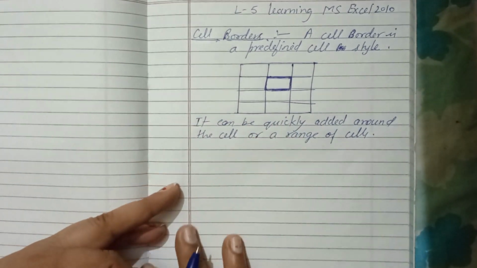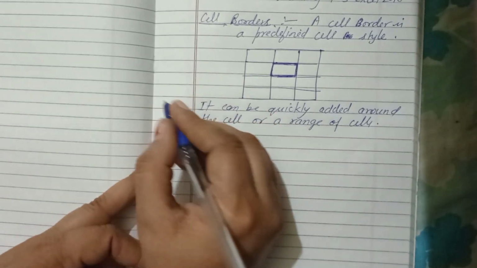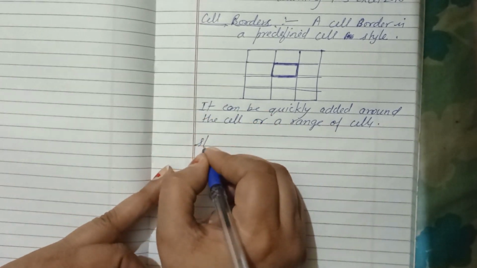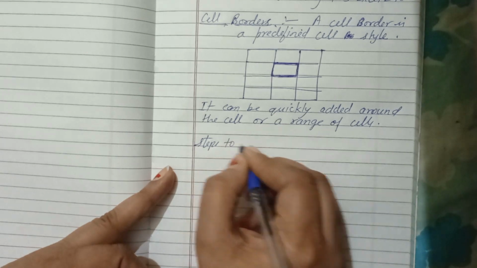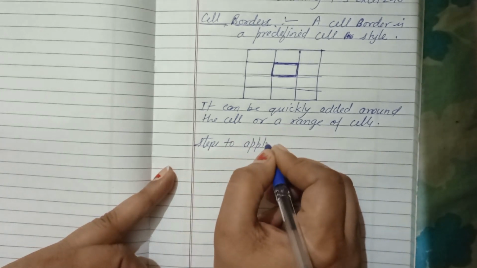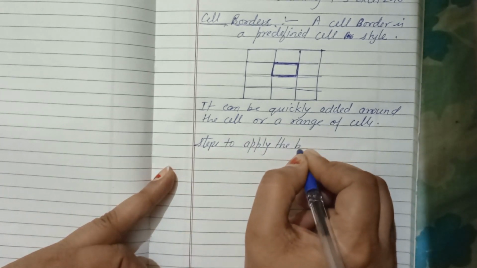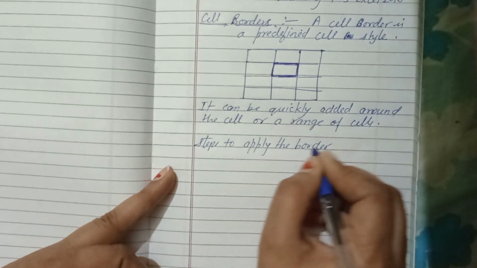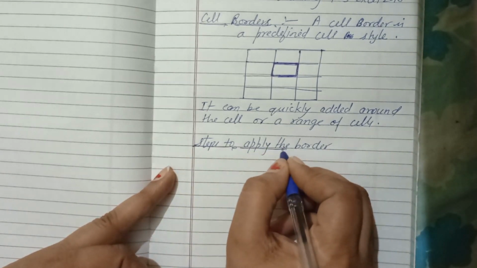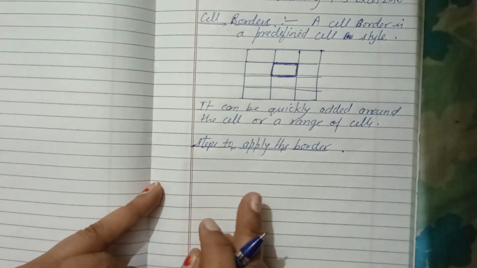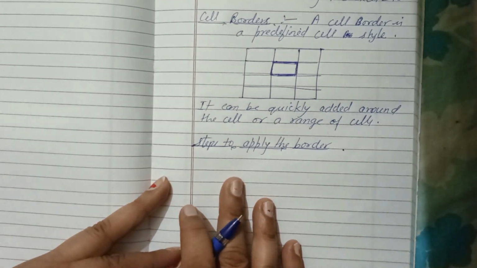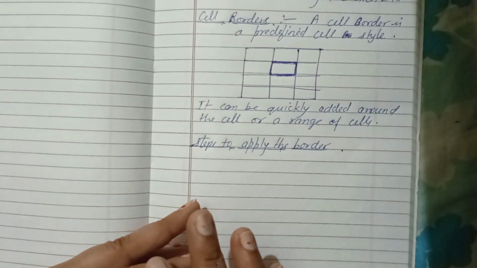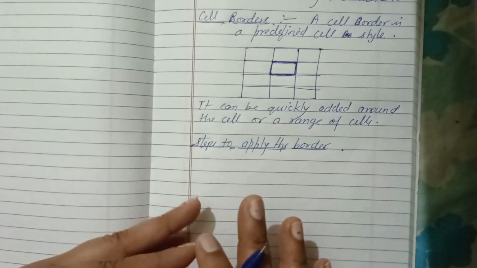We have some steps to apply the border. Students, on the worksheet, first of all, we have to select a cell or a range of cells.